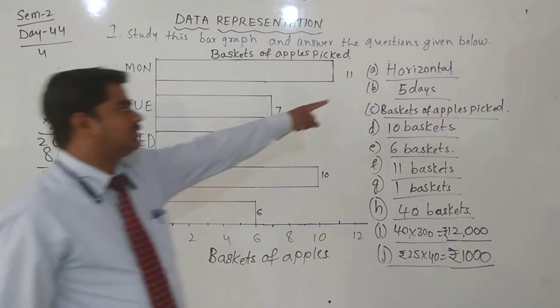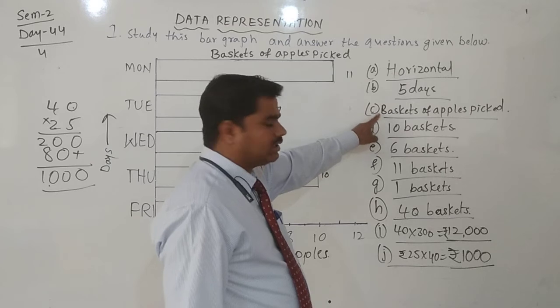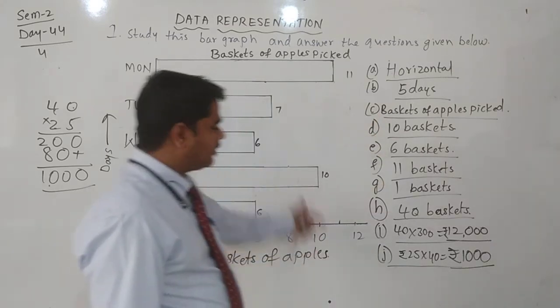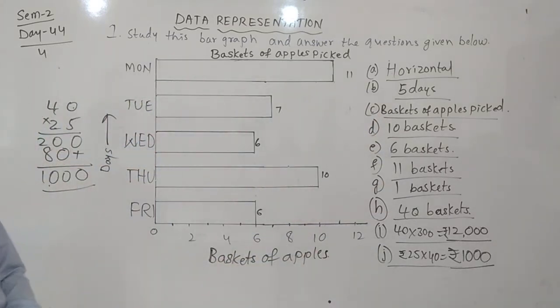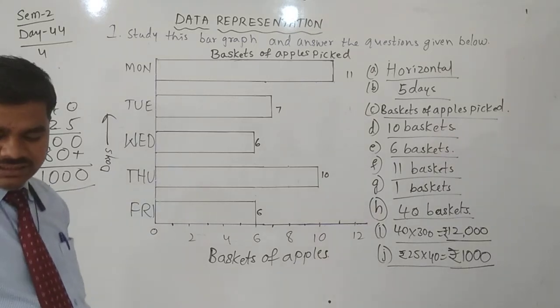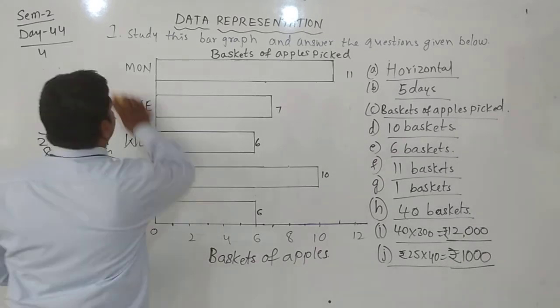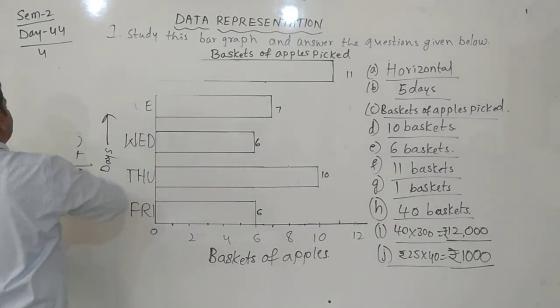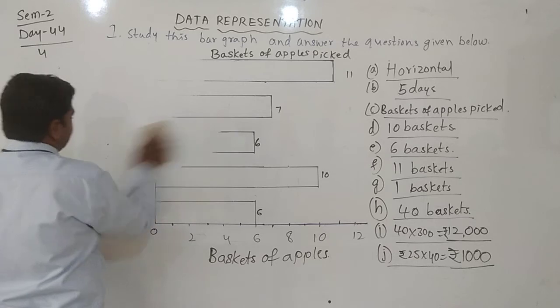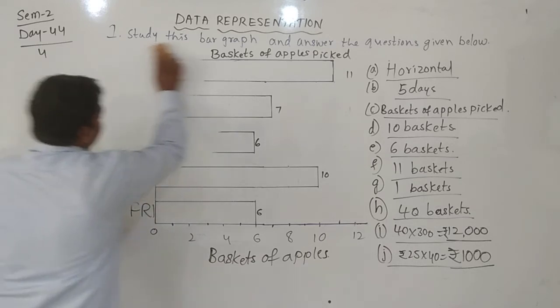After that write the question and answer, question and answer, like this. Take down this one also. Very simple. Page number 157. After this again 2 more questions are there. We can draw a bar graph, vertical or horizontal, whatever they ask. Very simple this is.